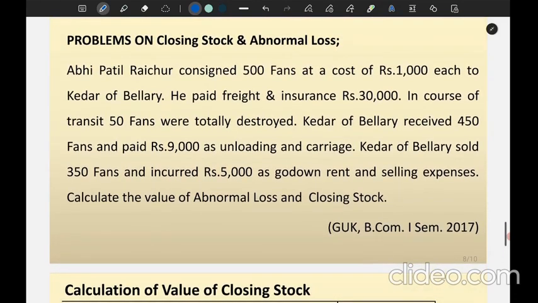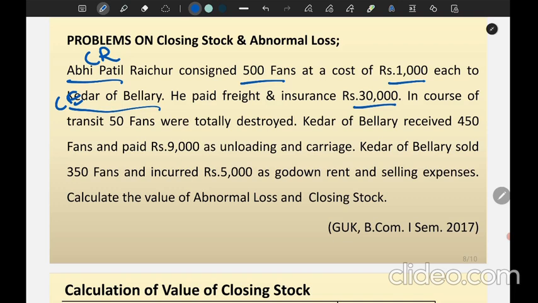One more problem to ascertain closing stock and normal loss. See, Abhi Patil of Raichur consigned 500 fans at a cost of rupees 1,000 each to Kedar of Ballari. Who is Abhi Patil here? Consigner. Who is Kedar here? Consignee. He paid freight and insurance 30,000.